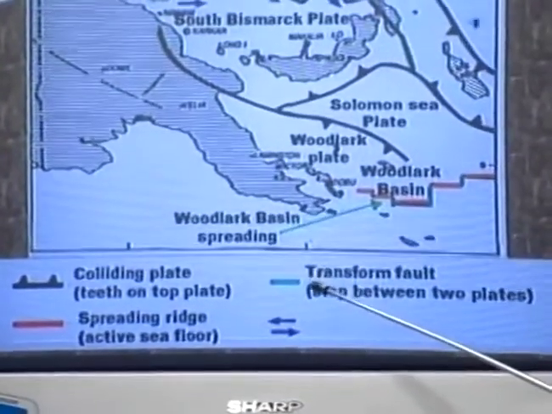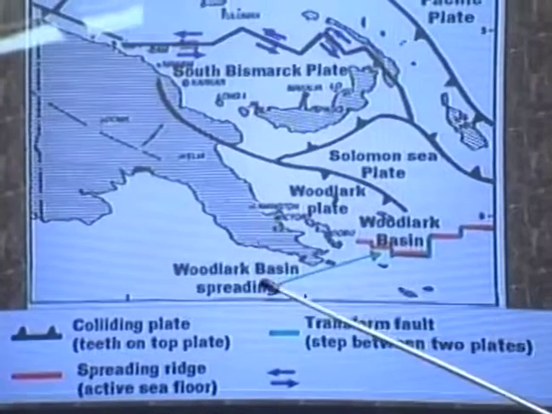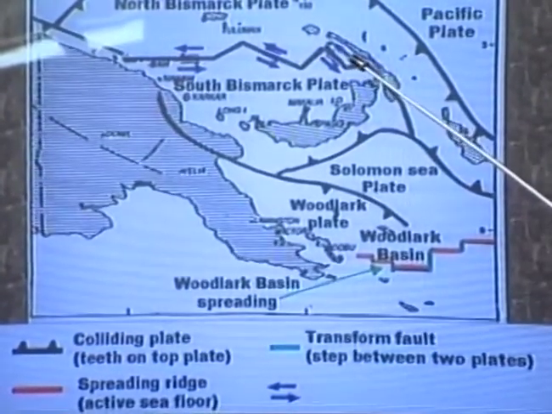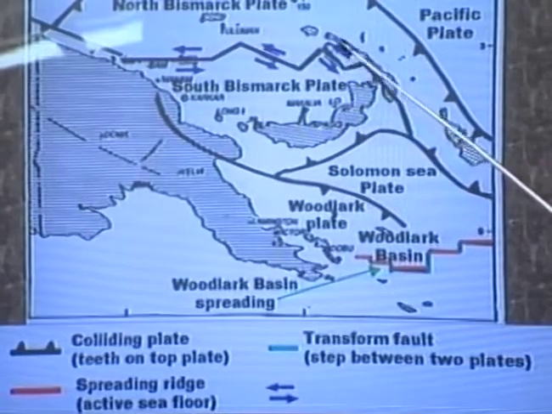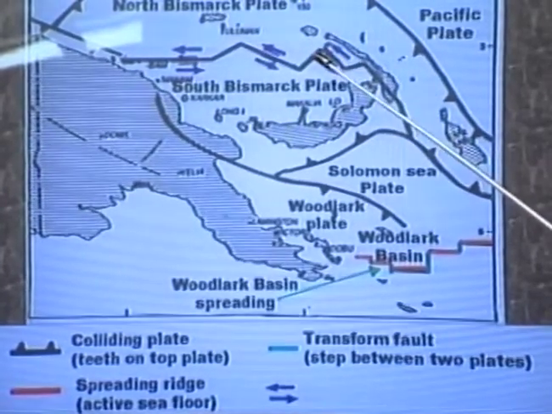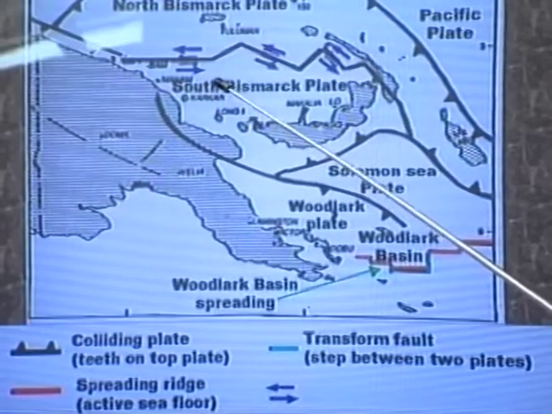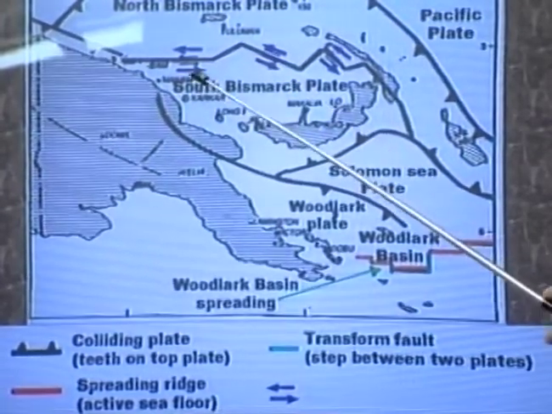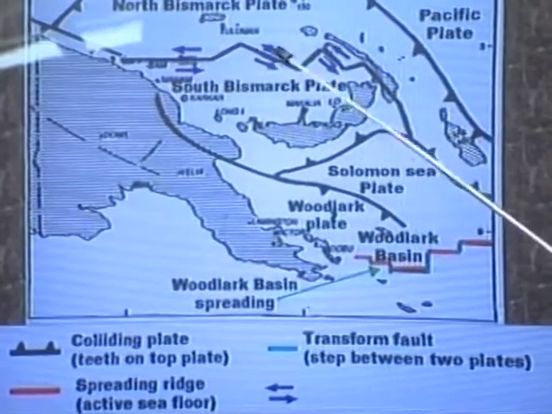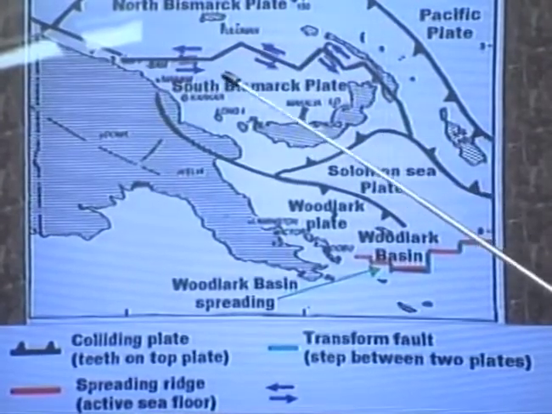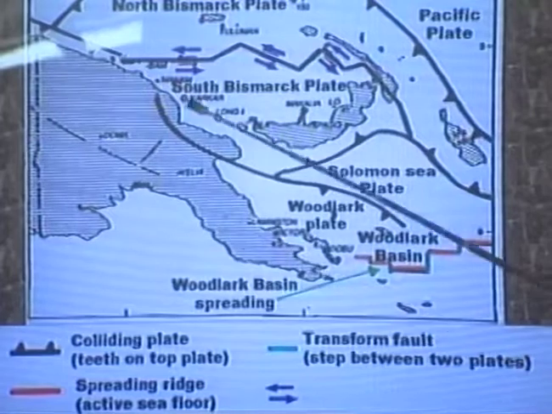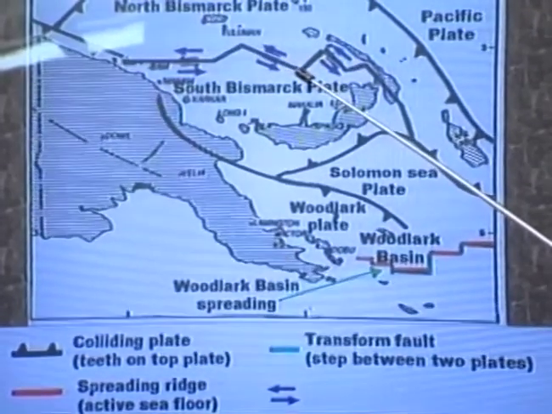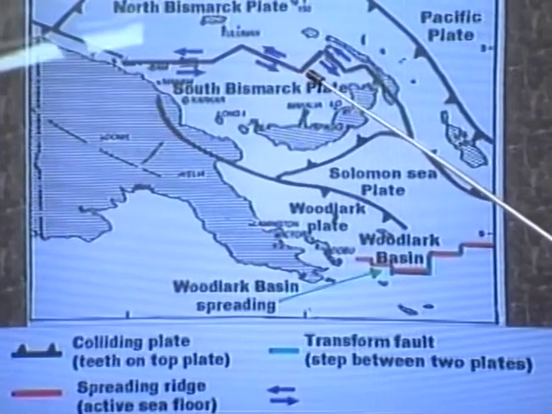The blue lines show the spreading or movement of a plate, especially in the Bismarck Sea area, and the blue lines with arrows represent the direction in which the movements are taking place. We can see movement towards the east here, and also movement towards the west. We can see ridges being formed around here because of that movement, and also a rift being created as a result of that movement.